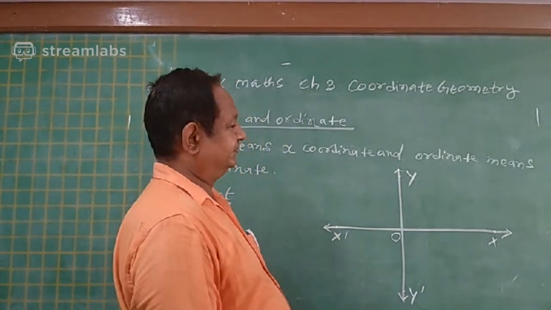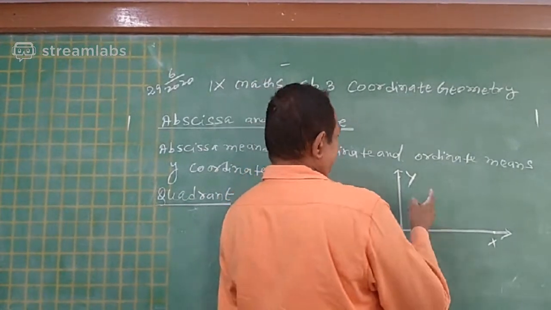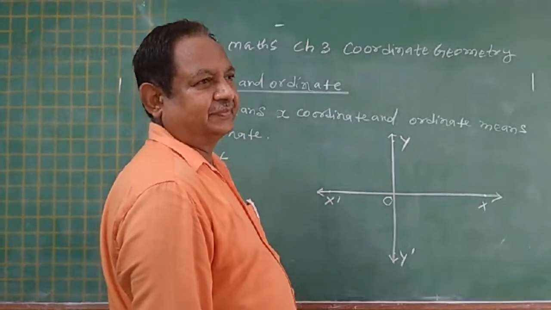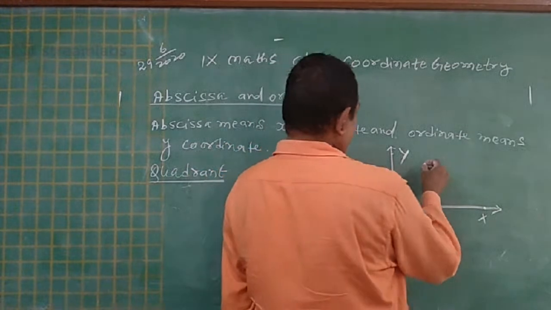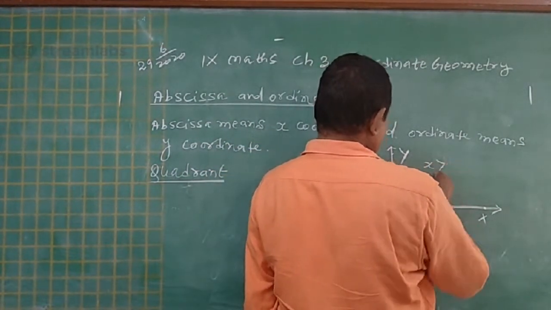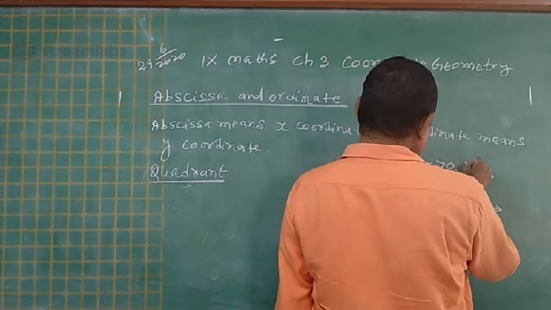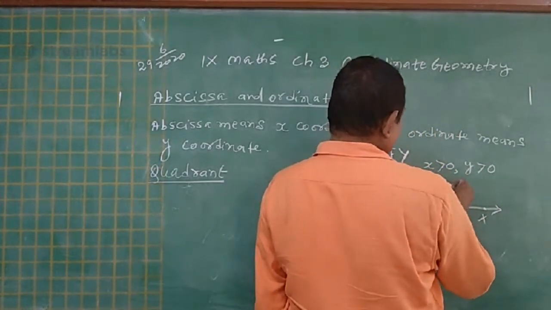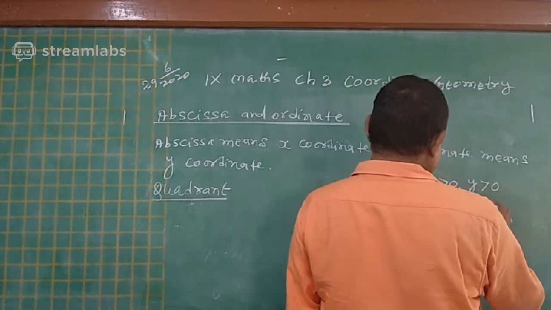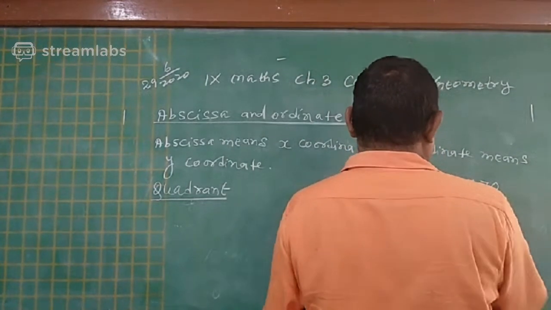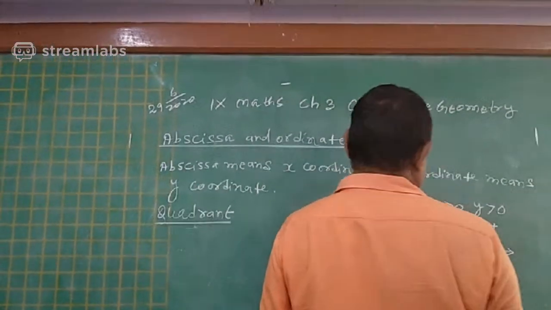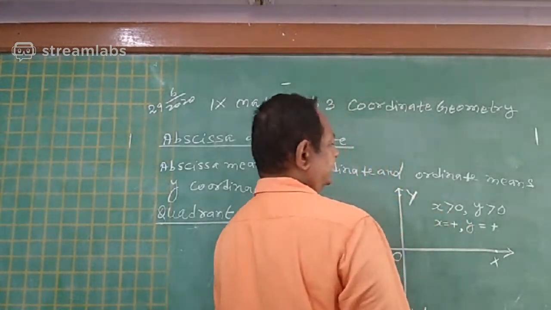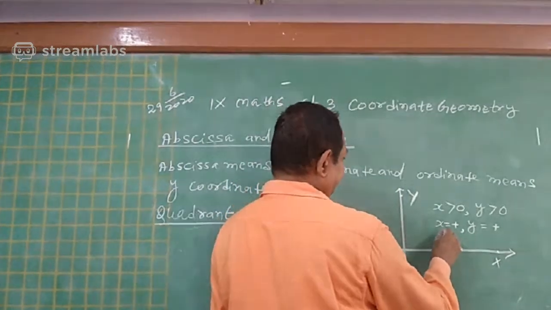O is origin. So this is x greater than 0, y greater than 0, means x positive and y positive. Called first quadrant.